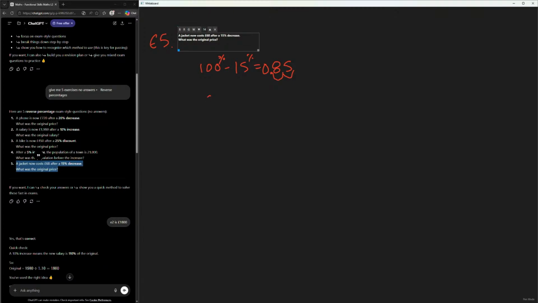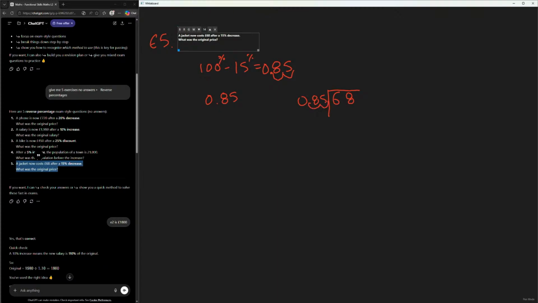85, and then 60, and then we divide this number by the 68. 68, 0.85.